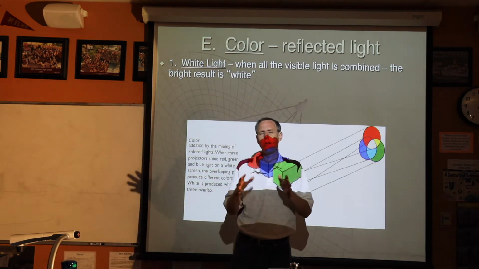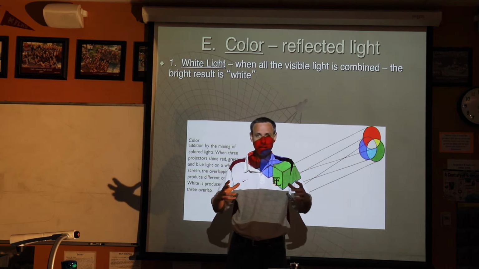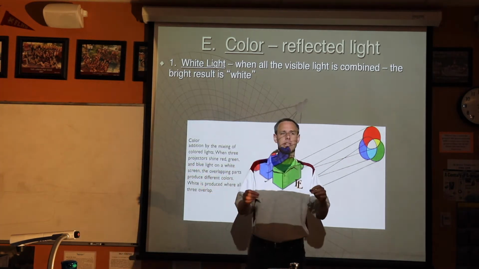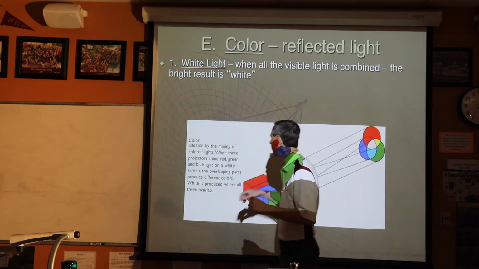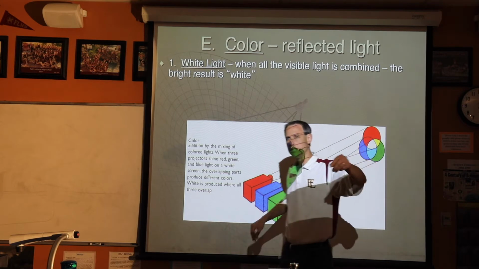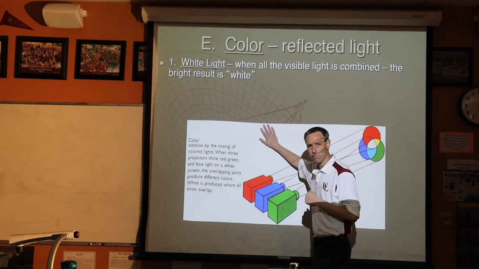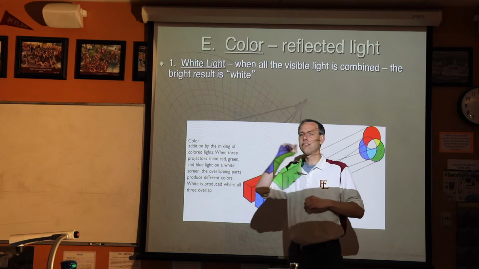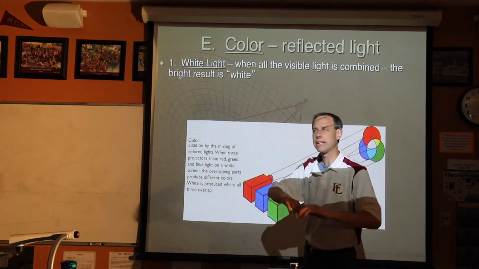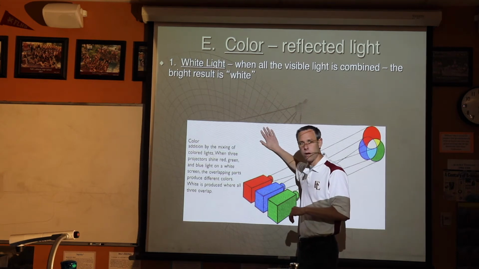I give one to each of you, each a different color flashlight, and I say, shine your light right here. If you have the red flashlight, it would show up red. Somebody with the blue flashlight, somebody with the green, and I have everybody shine it on the wall.